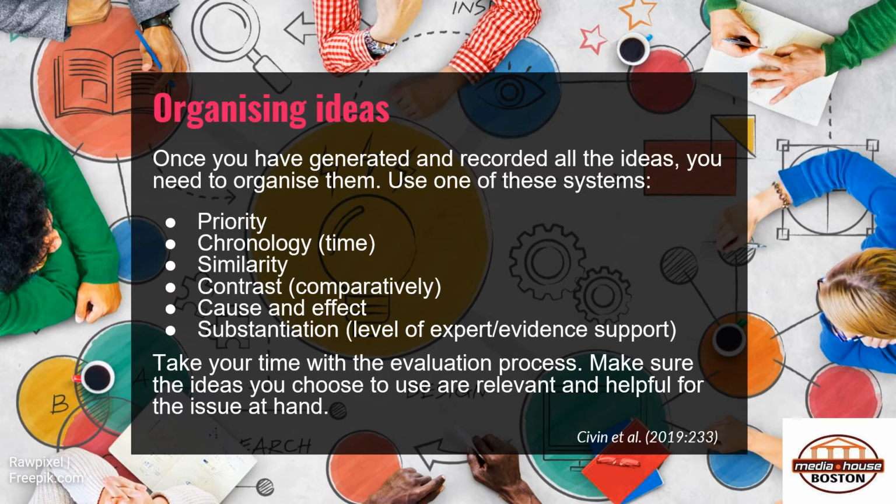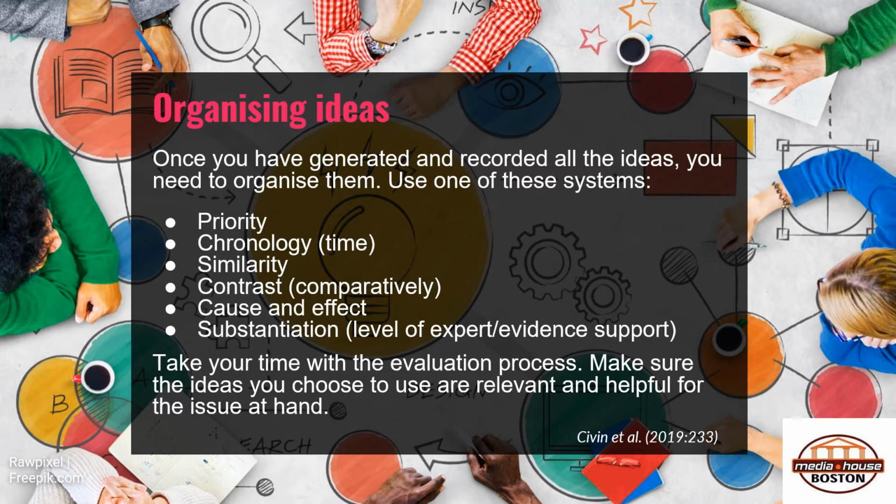You could contrast ideas, so if two ideas are very different from each other, you can group them together and use that contrast to help you develop each of them further or choose which one of them is the most valuable. Then you can group them by cause and effect. You can also group them by the level of evidence or expert support that each idea has.